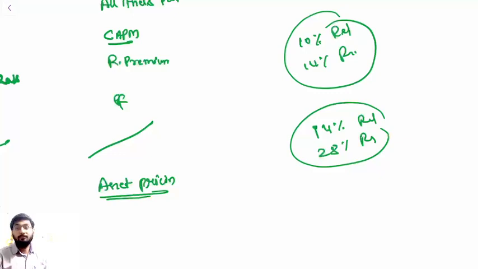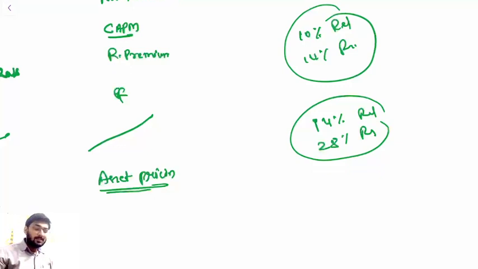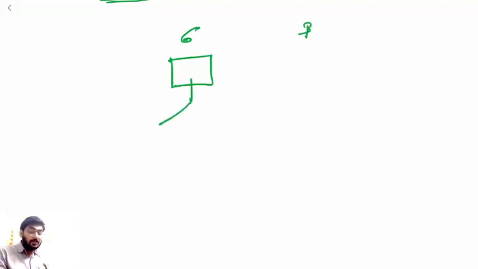Are you clear? Now let us discuss a few points, like, sir, why CML is using sigma and why SML is using beta. See, CML is a portfolio we are creating where we can invest. So there is a possibility that, sir, my portfolio is not fully diversified. That means total risk matters. Okay. Then I will capture both systematic risk as well as unsystematic risk.